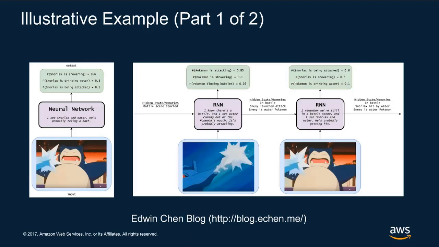Regardless, what we know from previously is that there's another creature that is attacking this creature. And so we know that this is actually predicted wrong, right? It predicts that he is showering at a 0.6 ratio, or 60% probability. In actuality, he's being attacked, which it predicts at 10%.